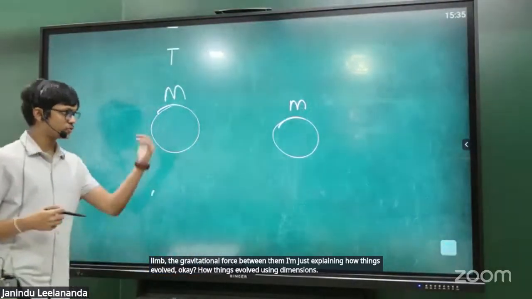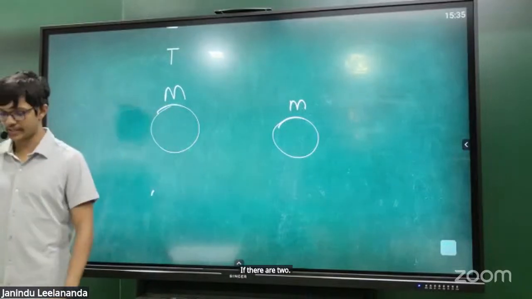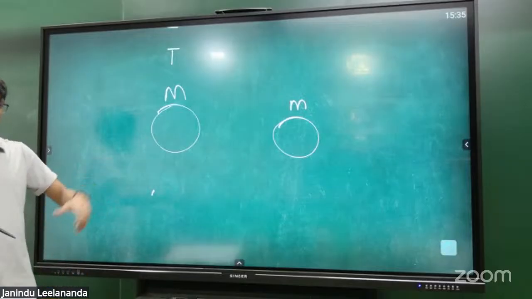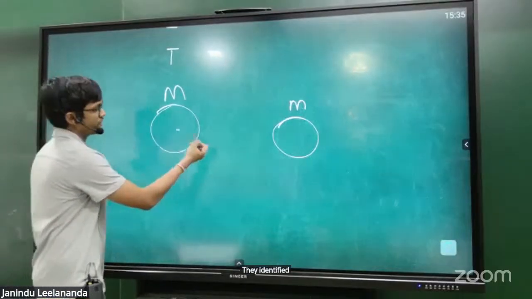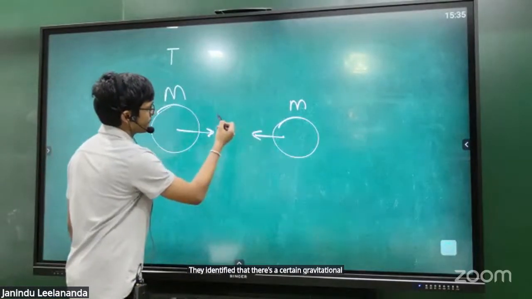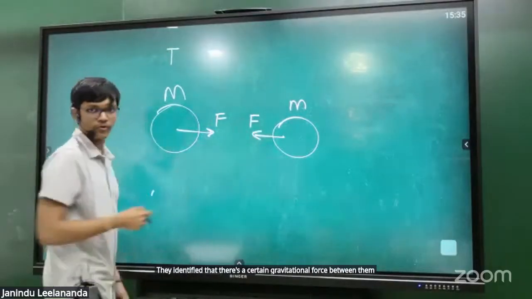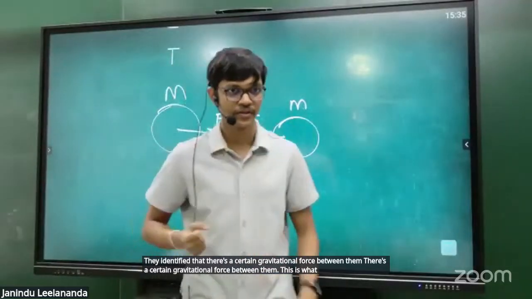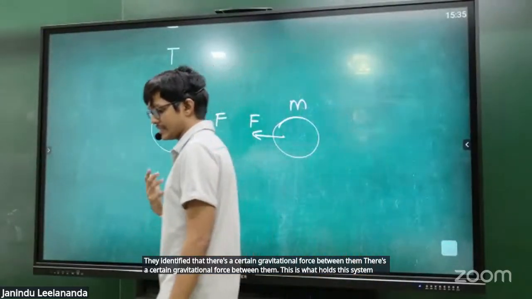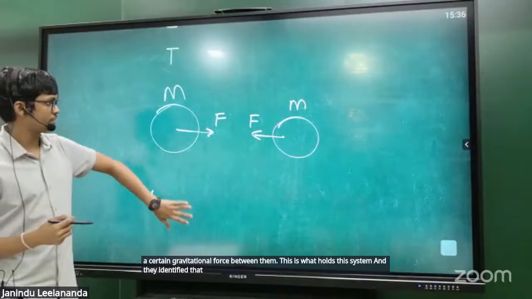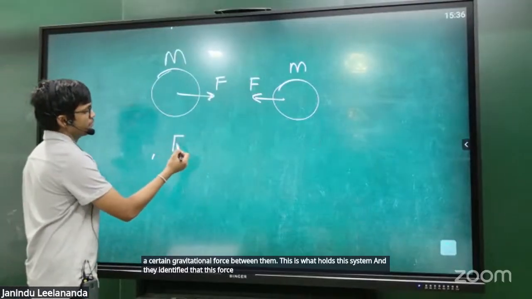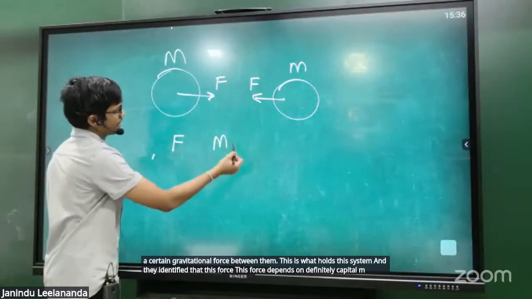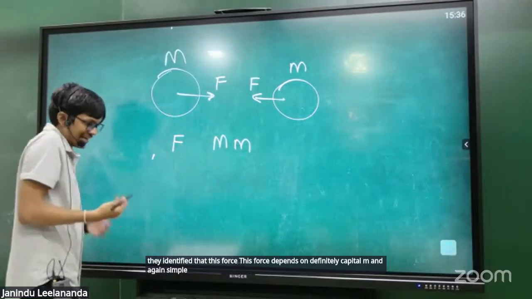This is what holds the system together. They identified that this force depends on capital M and again on simple m.